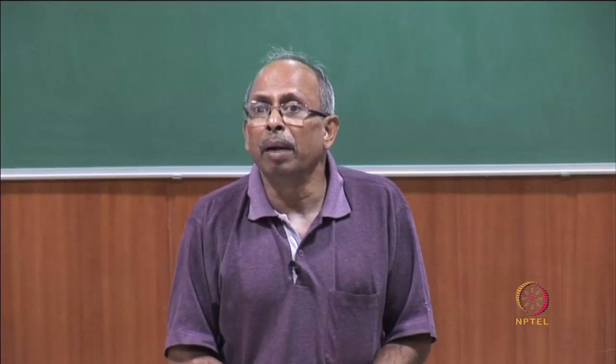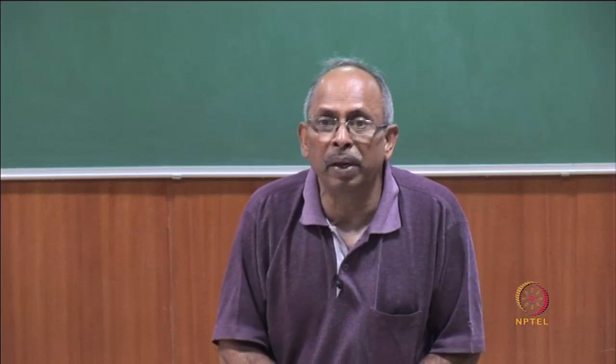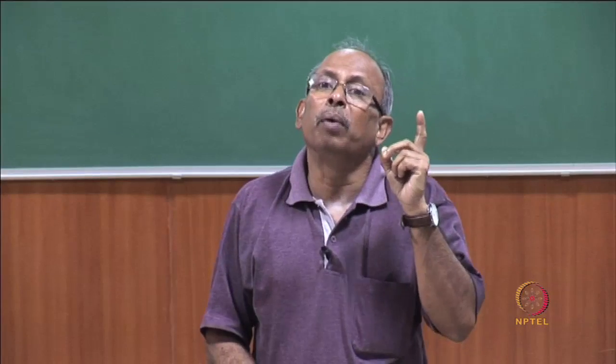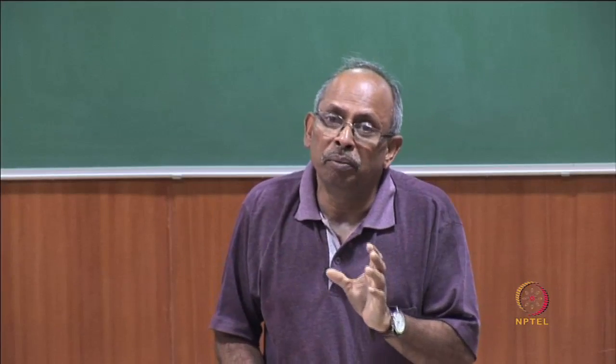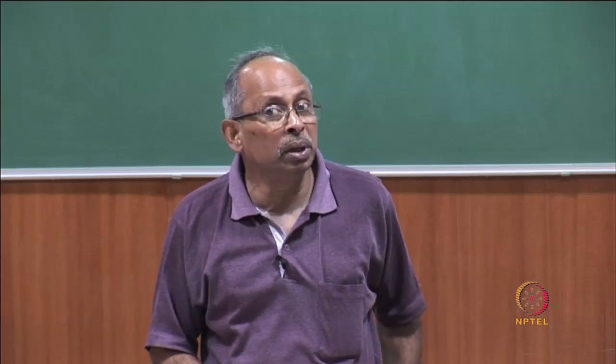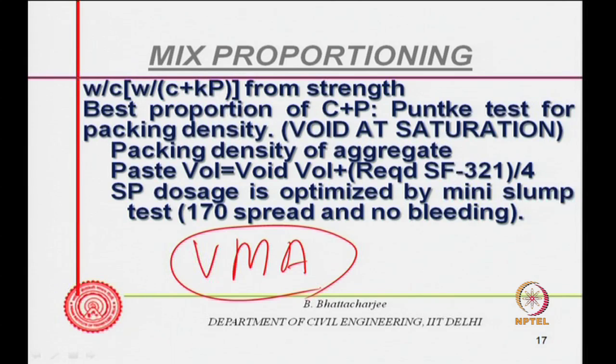But supposing this is not happening, then you can use VMA, viscosity modifying agent, which, as we said, increases the stickiness, a kind of glue. We have seen VMA used for underwater concreting also, and when we talked of admixtures, we talked about viscosity modifying agents. So, you might use them.